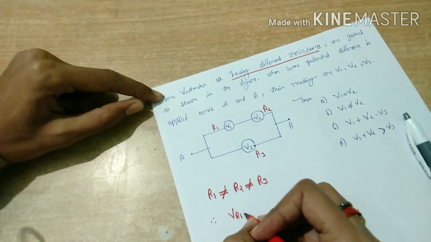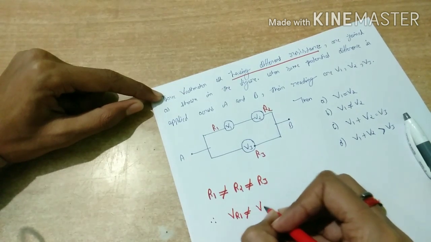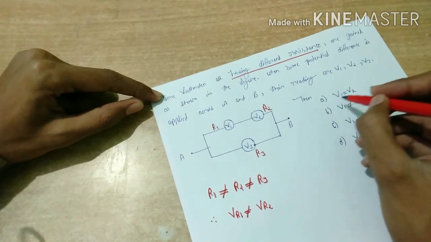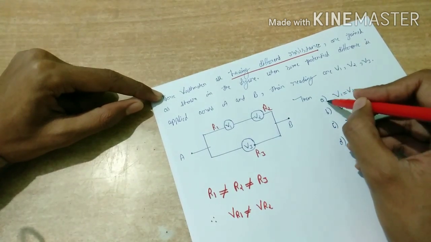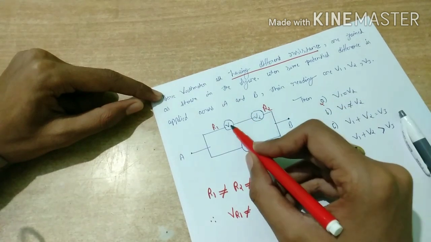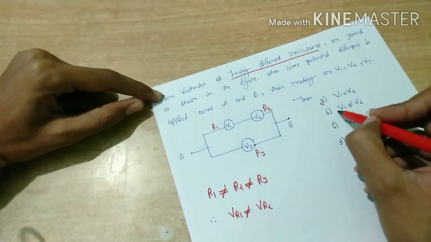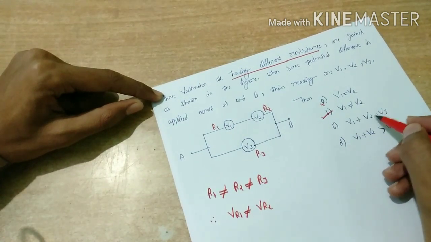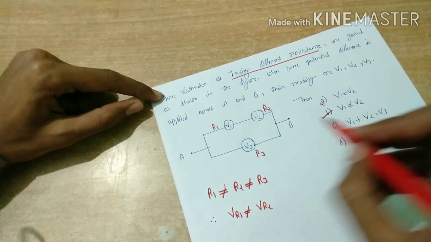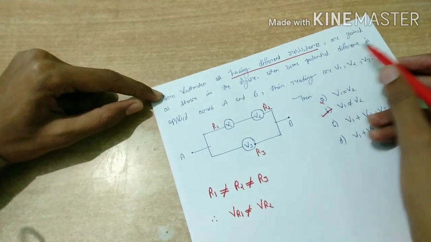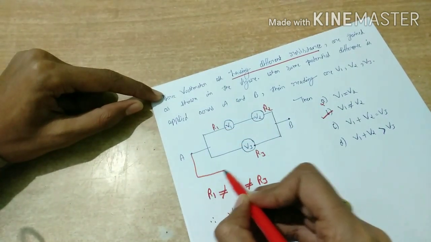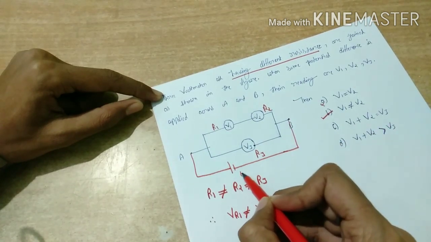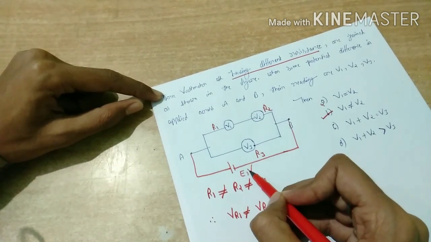That's why the potential drop across R1 is not equal to R2. So A option is incorrect. V1 is not equal to V2. B option is correct. C option is saying V1 plus V2 equal to V3. Means some potential difference is applied across A and B. Let's say E potential difference is applied.